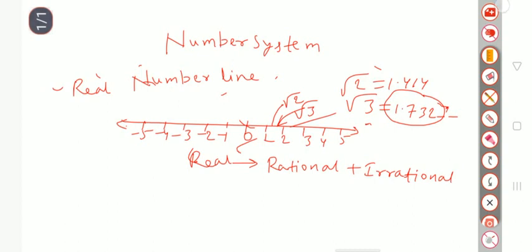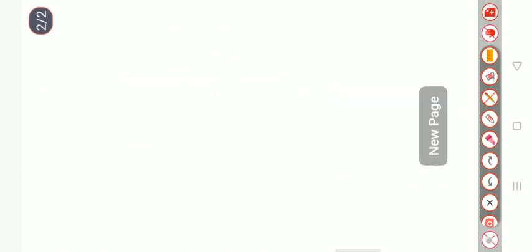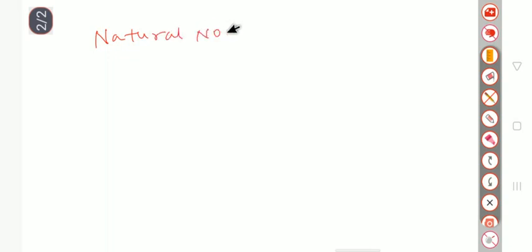Now coming to natural number and whole number. I think you all know, so I am just giving the briefing. Natural numbers are all the counting numbers starting from 1, 2, 3, 4, 5, like this.